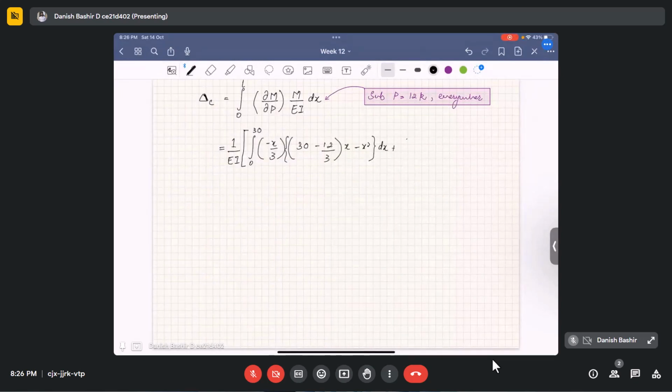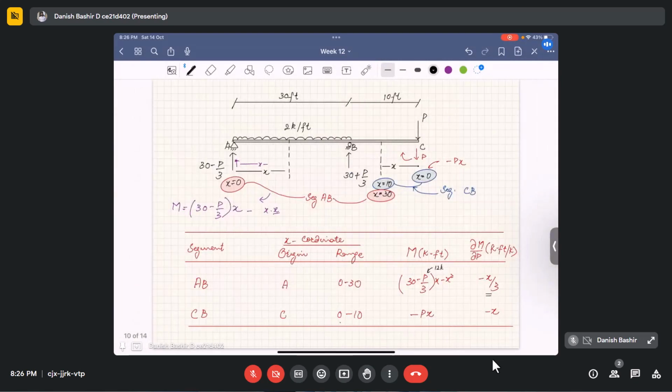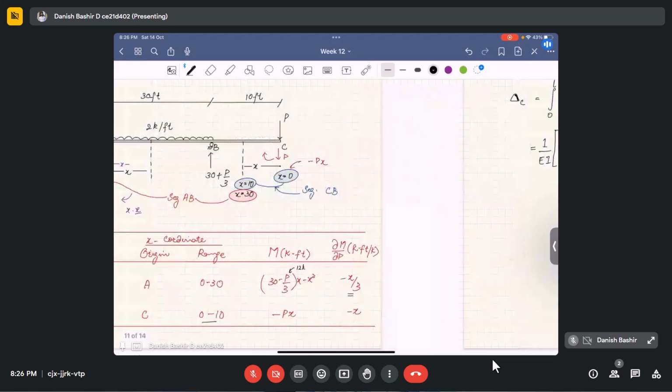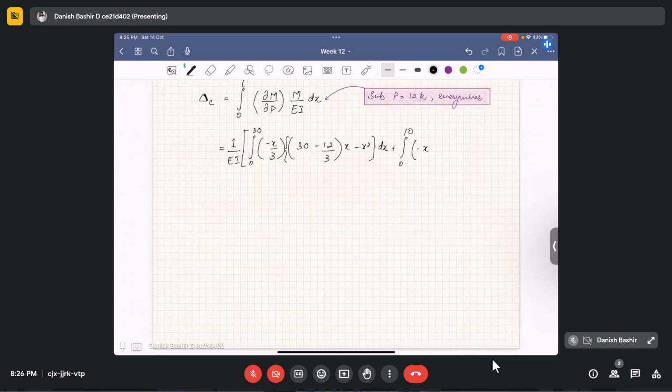And another term, range is 0 to 10 here. Our m is minus px, so dm by dp is minus x, and m is minus 12 times x, dx, and the integral is closed here.